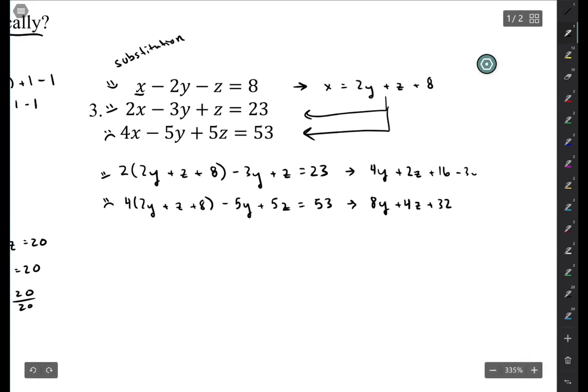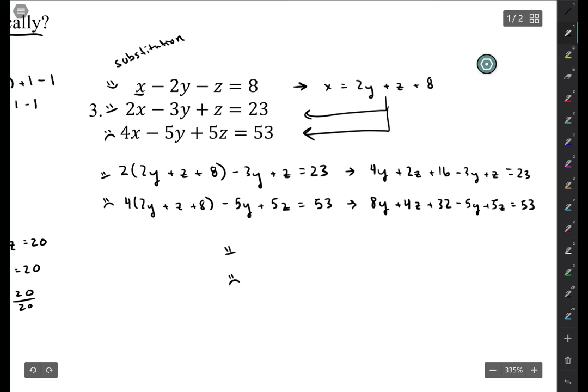Minus 3y minus 5y plus z plus 5z. You don't need to do it this way, certainly. 53. Simplify.